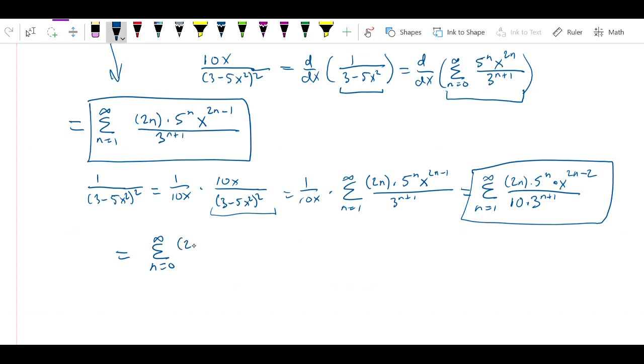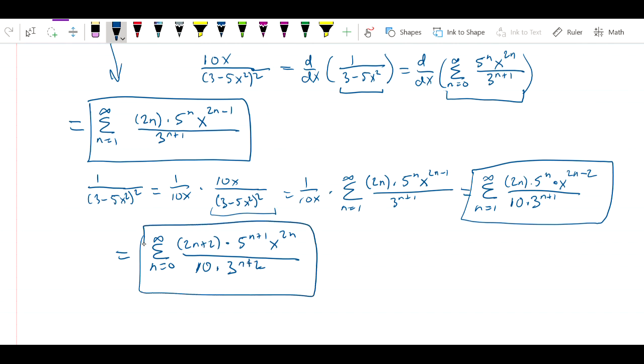So that's going to be 2 times quantity n plus 1, so 2n plus 2, times 5 to the n plus 1 x to the 2n over 10 times 3 to the n plus 2. So that would also be an answer.